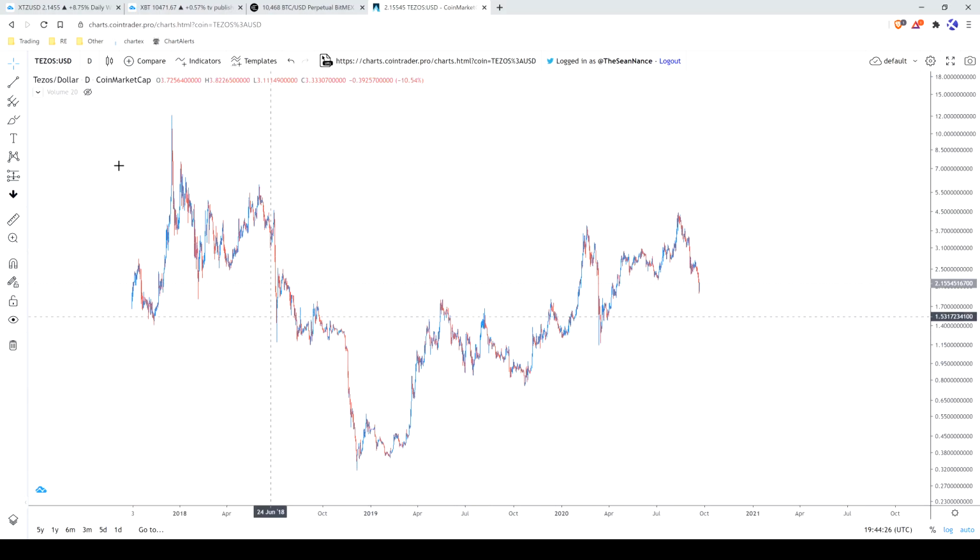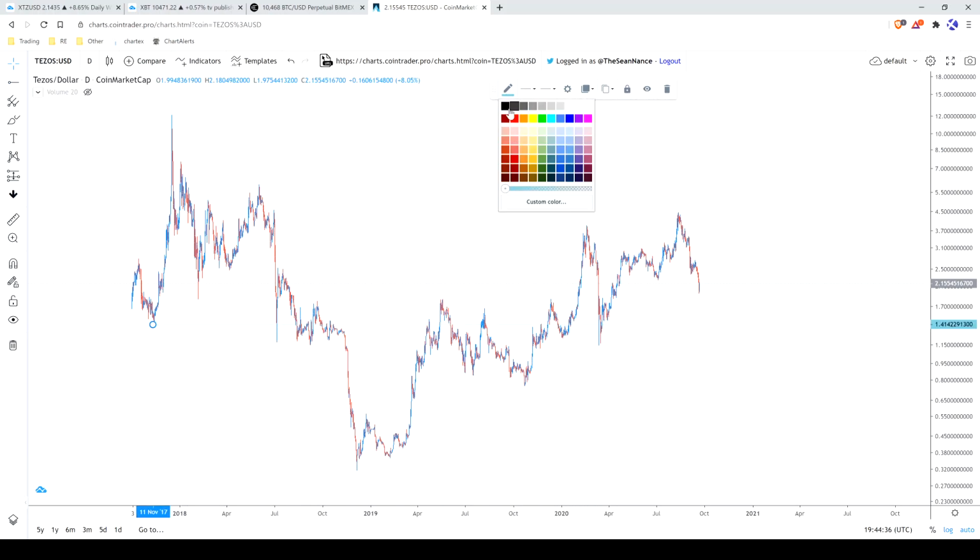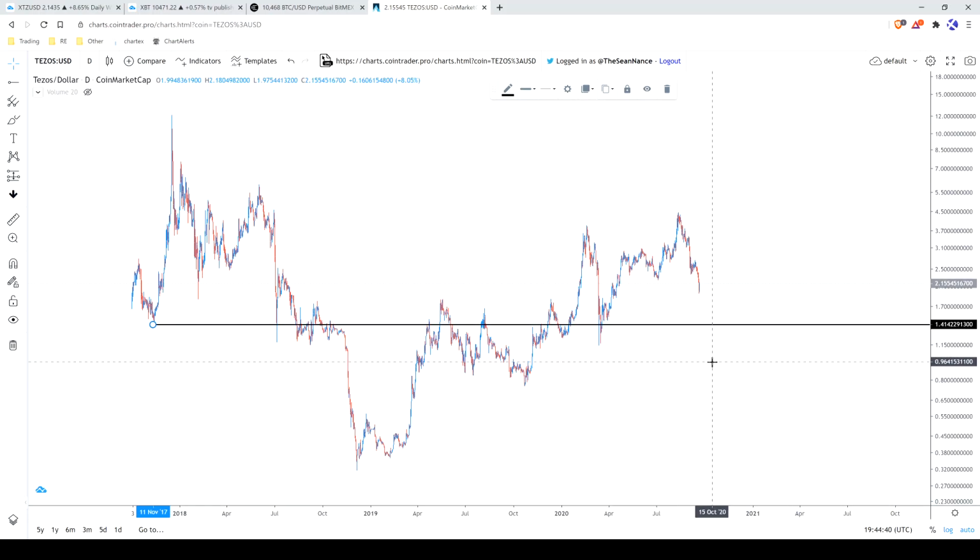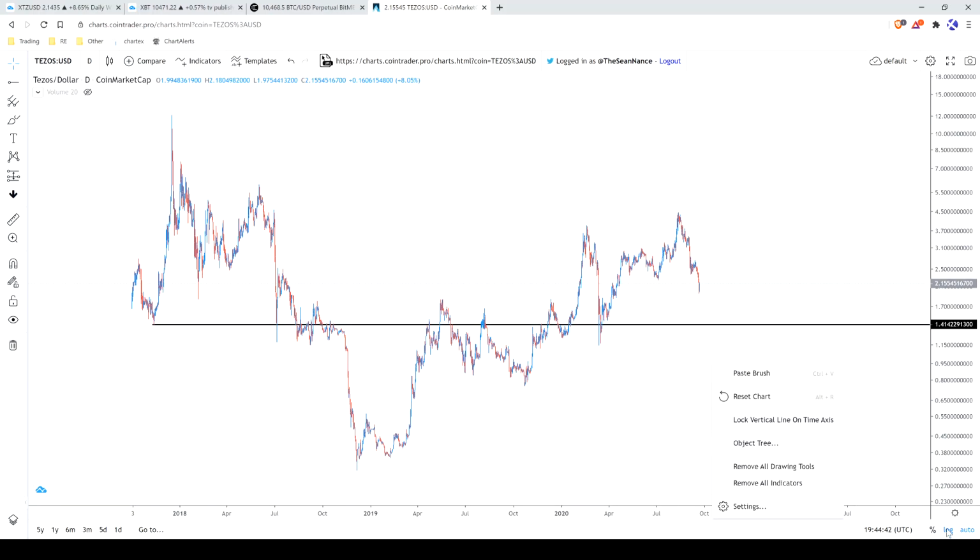So you can see this would be an area of interest, really starting from here, going through all of this. And this is already on log.